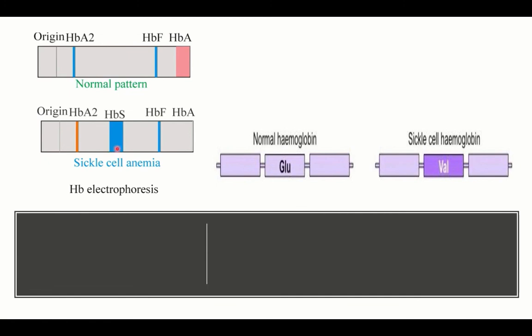In case of hemoglobin S, which is autosomal recessive, with two mutant genes, we have no hemoglobin A at all. We have a small percentage of hemoglobin F and hemoglobin A2, and the main bulk of hemoglobin is hemoglobin S. Hemoglobin S can start manifesting after the age of 6 months, when hemoglobin F is replaced by hemoglobin S, or can present in the neonatal period with neonatal hemolysis.